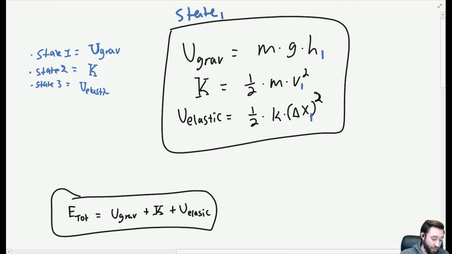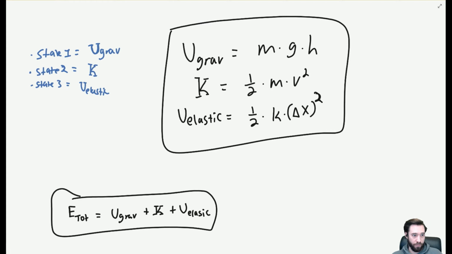But if we're talking about state 2, this would be H2, this would be V2, this would be delta X2. And if we're talking about state 3, you can probably guess, it'd be H3, V3, delta X3. Does that make sense? Is that more confusing, or did I clear it up?